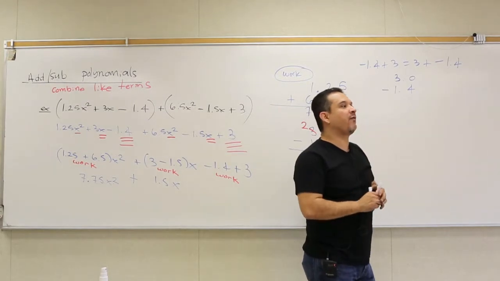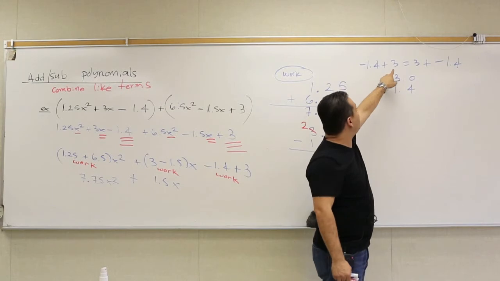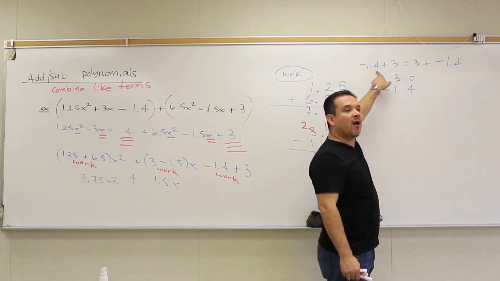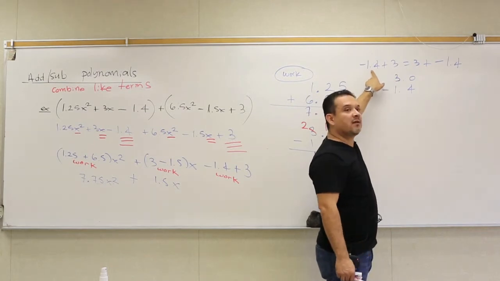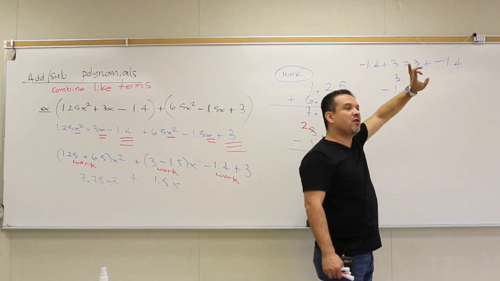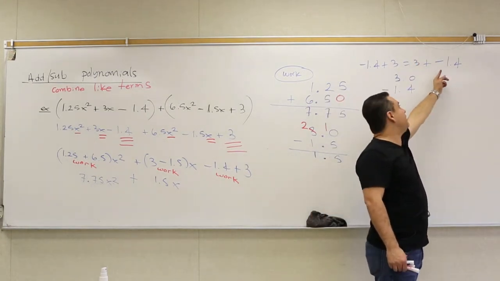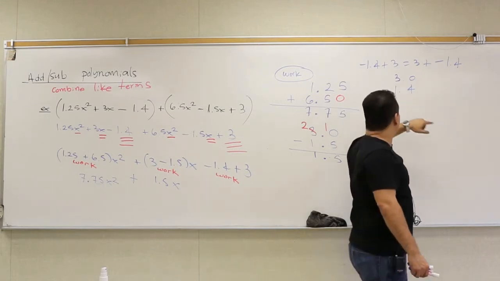Just keep the sign in front of the number. 1.4 is negative. So if you had $3, you're going to go buy some lunch. What are you going to get for lunch? Some French fries. $1.40, you have $3. Can you switch the order? Say, I got $3, but it costs $1.40. Just keep the negative sign for your French fries.